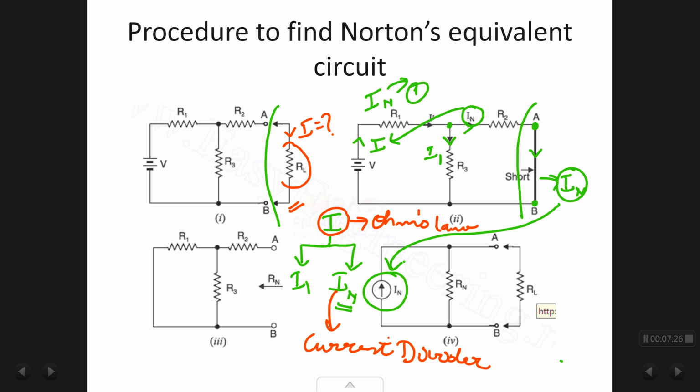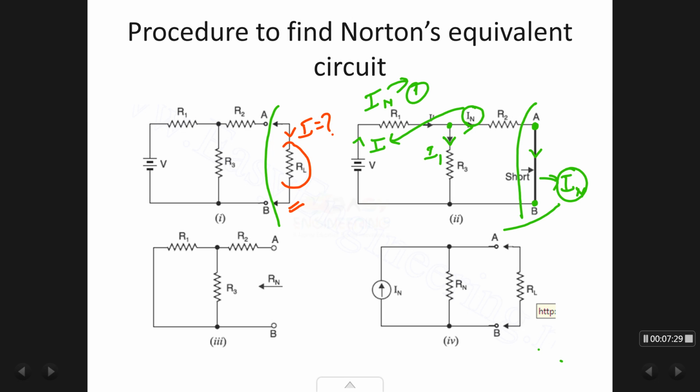Now my next step is to find RN. This is the circuit to find RN across these terminals AB. What I do is remove my load resistor, so the load resistor is not present.